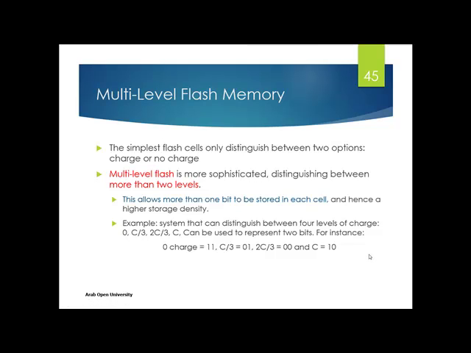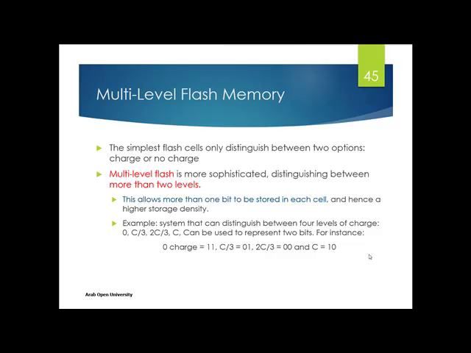In order to increase the capacity of flash memories, a concept is introduced which is multi-level flash. The basic flash cells can distinguish between two options, charge or no charge, while multi-level flash can differentiate between more than two levels, and this allows us to store more than one bit in each cell.